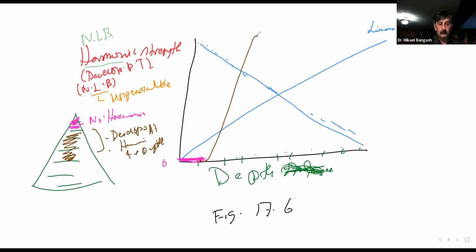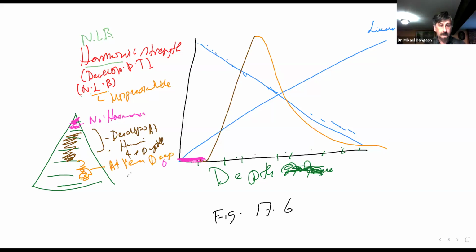So what is that unpredictability going to be? That at some point, it's going to just disappear. So at very deep depths, that's where the harmonics disappear.